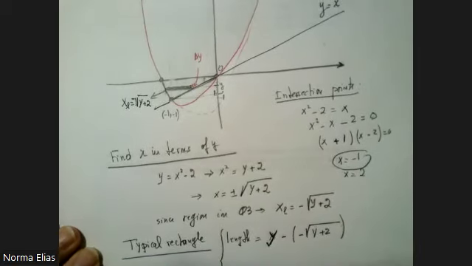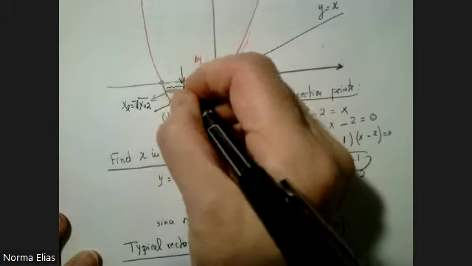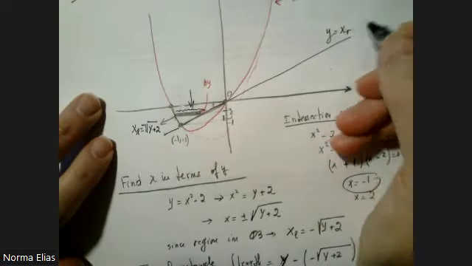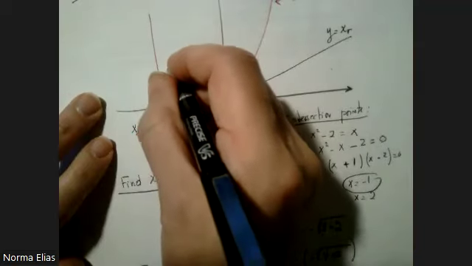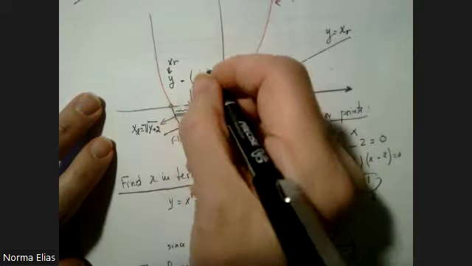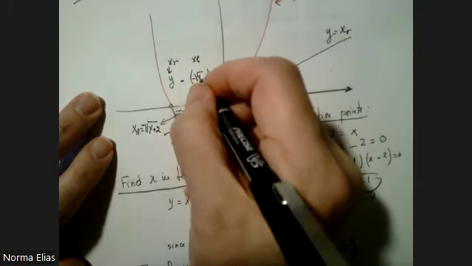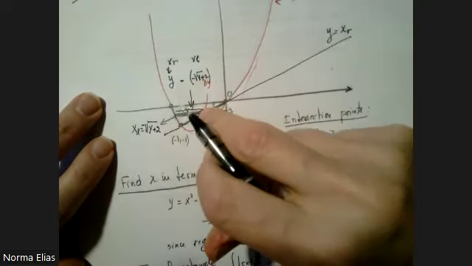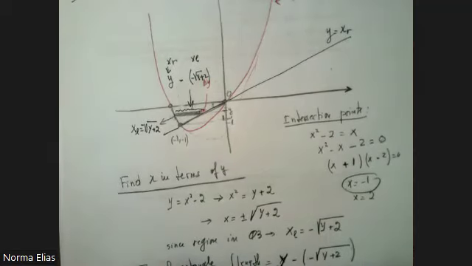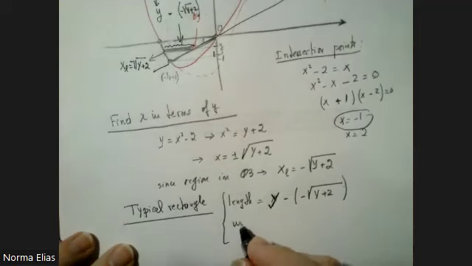So let me make sure we understand. From here to here, that's as a function of y. So this is the right one. It's y, which is the right value, always the right value, minus the left value. Always the right minus the left, even if they are both negative. So that's the length. The width is the delta y.